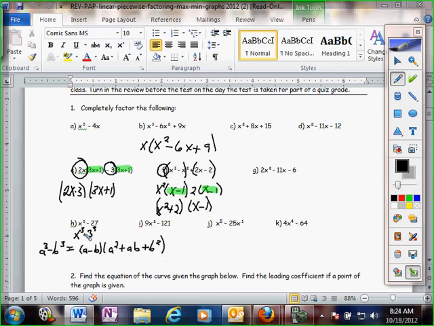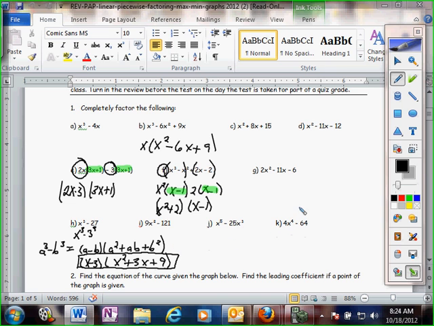So this one works out as the first term, a, is x, and the second term, b, is 3. So it's x minus 3 times x squared plus 3x plus 9, because 3 squared is 9, and this is my factored answer.